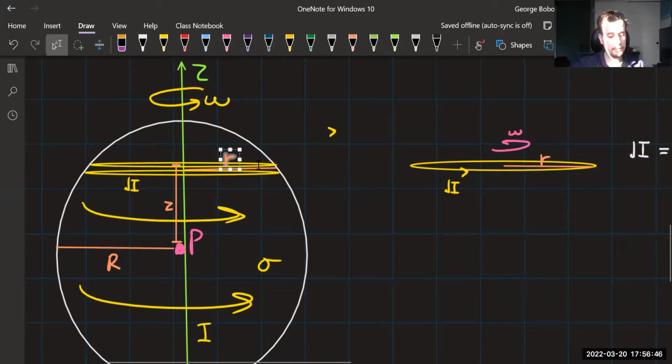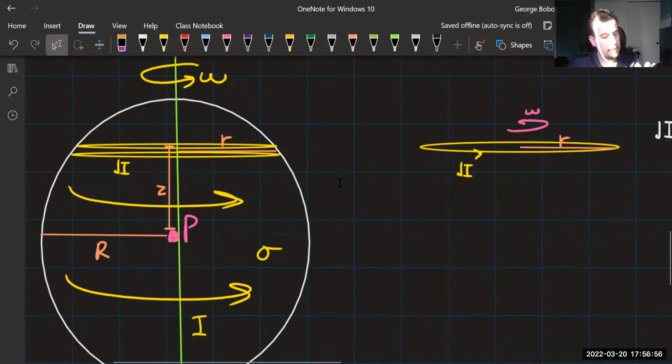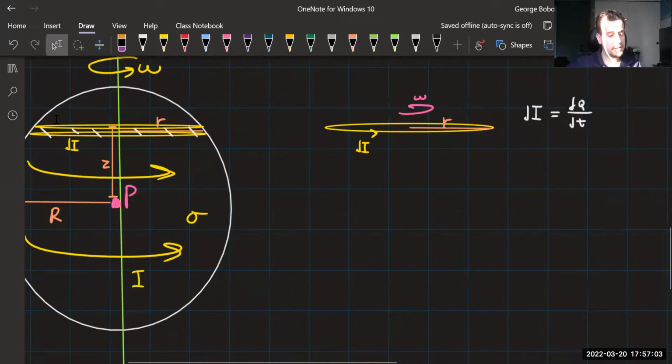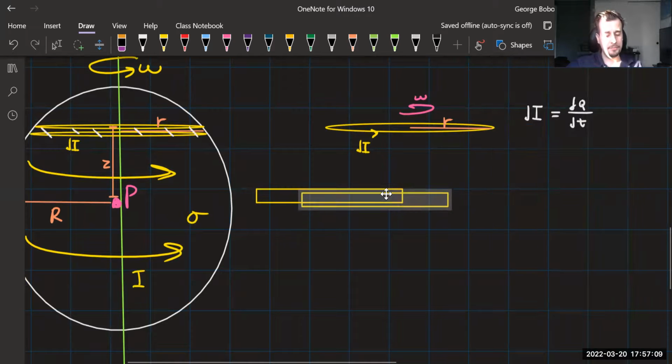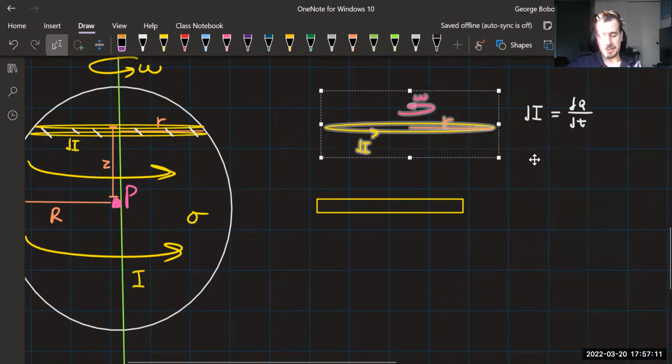But these rings are so close together that for our purposes, they can be considered a single ring. However, now I've actually created some surface area here. And if I open this up, we'll come back to this in a second.